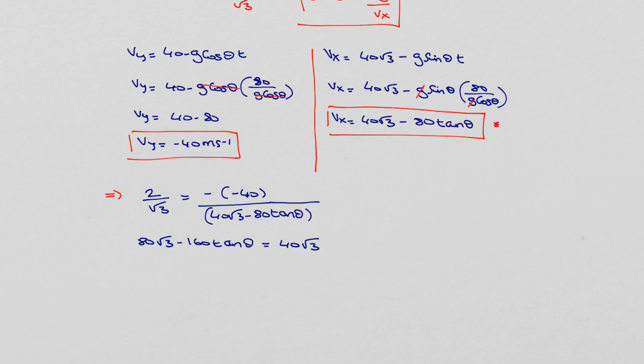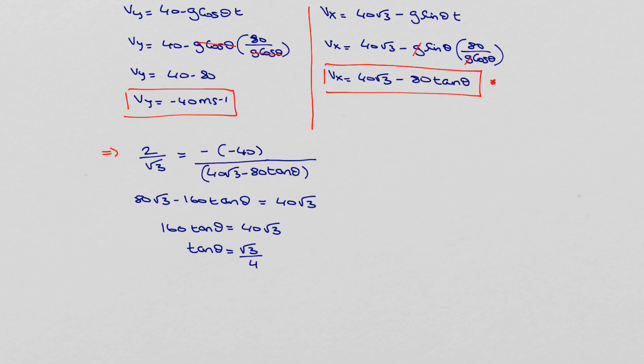And if I rearrange to get tan theta on its own, and multiply both sides across by minus 1, well then I get tan theta is equal to 40 root 3 over 160, which of course simplifies down to root 3 over 4. Now I'm asked for the value of theta, so therefore I have to find my decimal answer, which is 23.41 degrees.